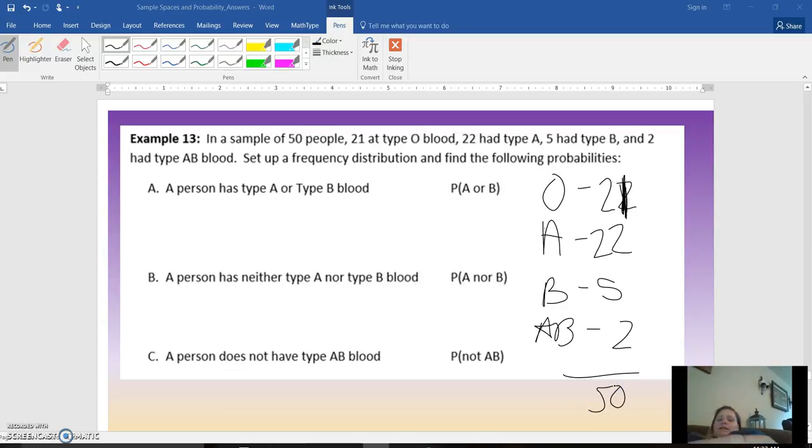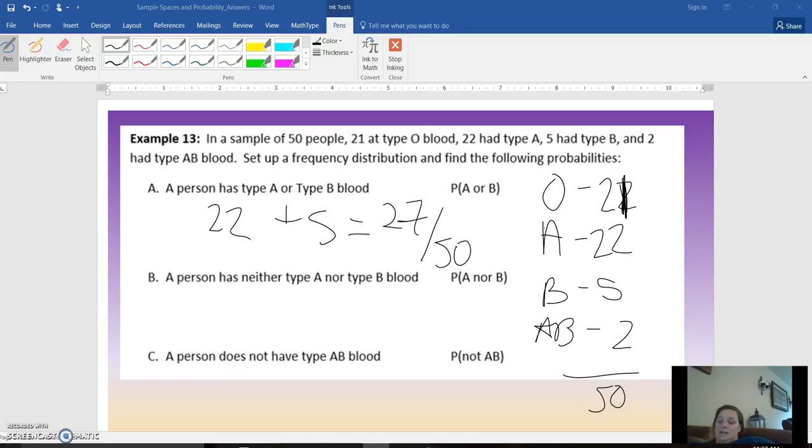Okay, a person has A or B. Remember that word or means to add? So A is 22, B is 5. So we get 27 over 50. I'm going to make sure we can't reduce that. We get 27 over 50.